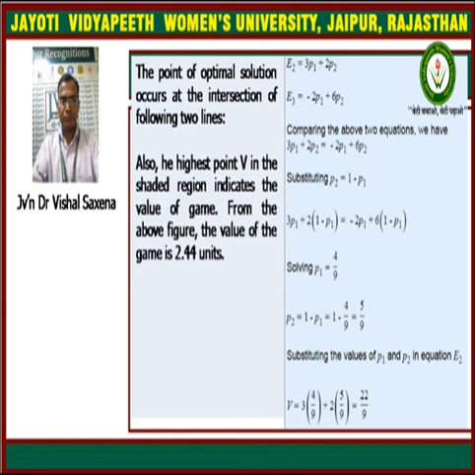Once the values of p1 and p2 are obtained, we substitute them in the equation E2, and we find the value of the game as 3 into p1 plus 2 into p2. So 3 into 4 upon 9 plus 2 into 5 upon 9 is equal to 22 upon 9, and that is the value of the game.